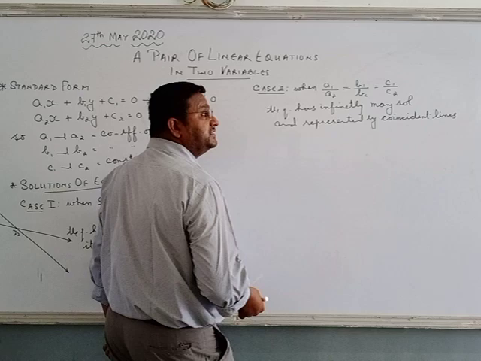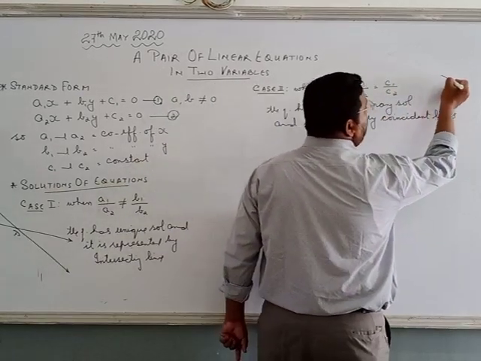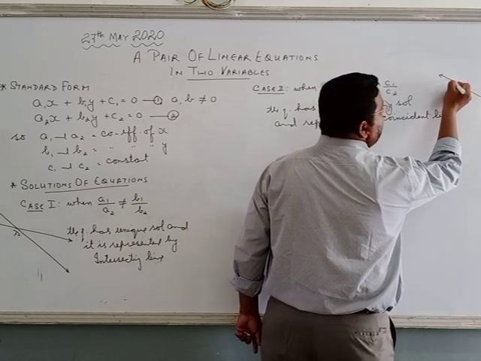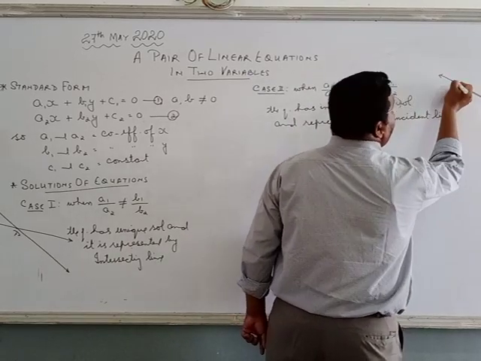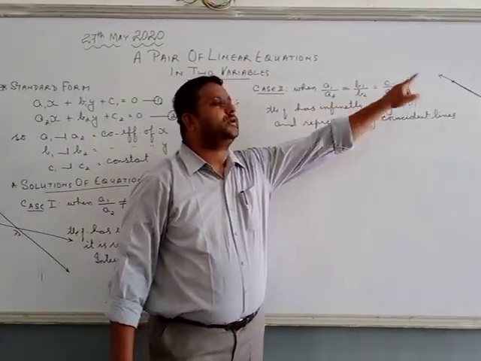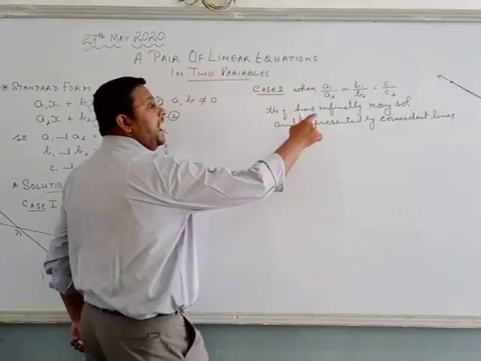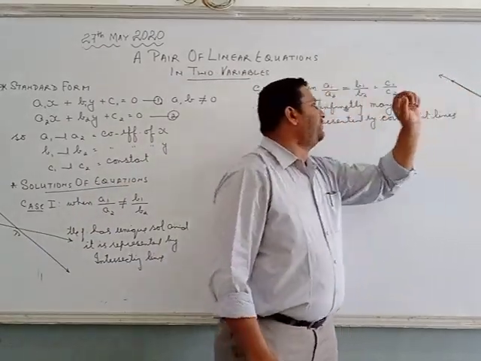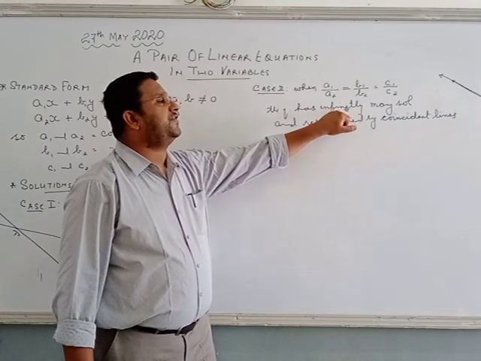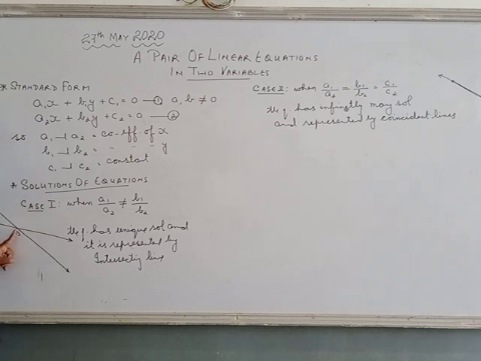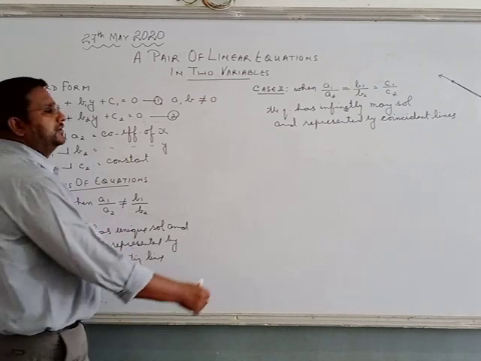Coincident lines means the lines which overlap each other. Say this is the graph of the first equation, and this is the graph of the second equation. They are overlapping each other. They coincide with each other. So we say it is coincident lines. And because they are meeting at each and every point, we say it has infinitely many solutions. In the earlier case, they were intersecting at one and only one point, so we say it has a unique solution.